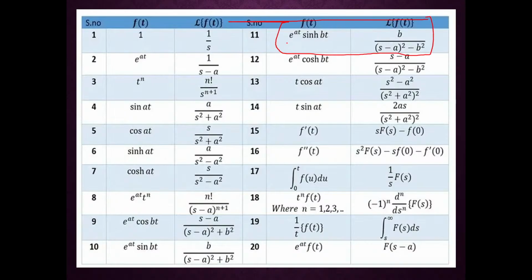e power at sinh bt is equal to b by s minus a whole square minus b square.